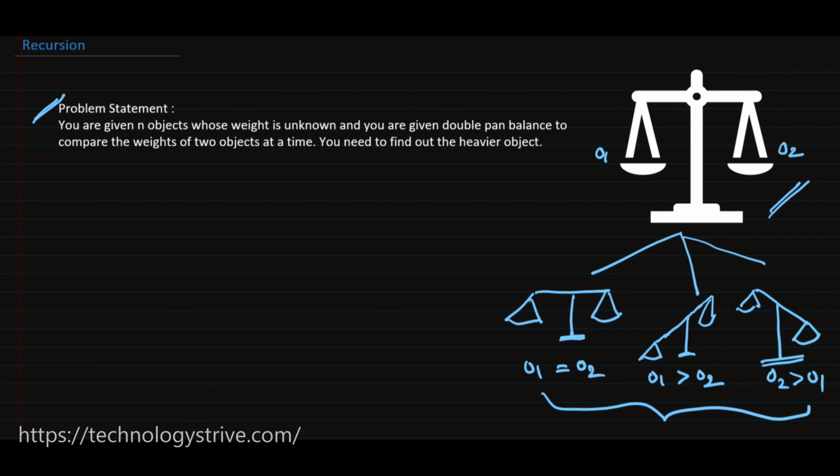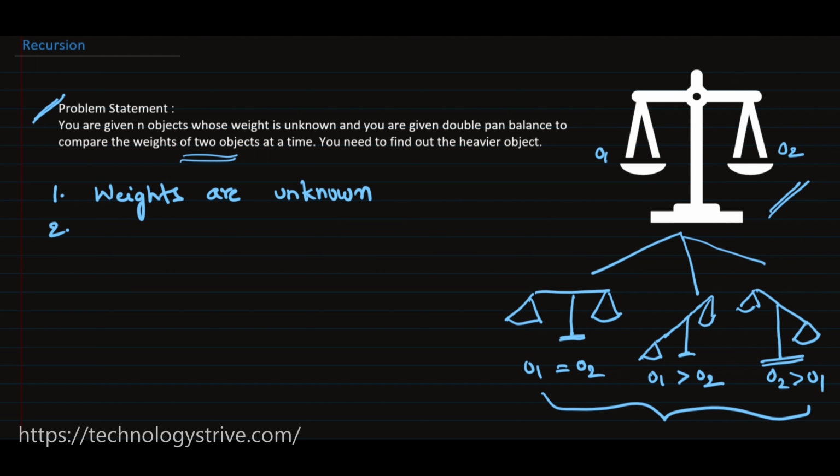So it is given that at a time you are able to compare two objects, and out of these objects we have to return the heavier object. Let's understand the rules once again before solving the problem. The first rule is we do not know the weight of each object; weights are unknown.